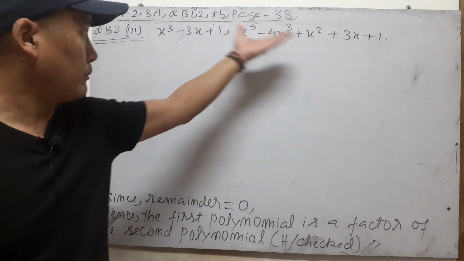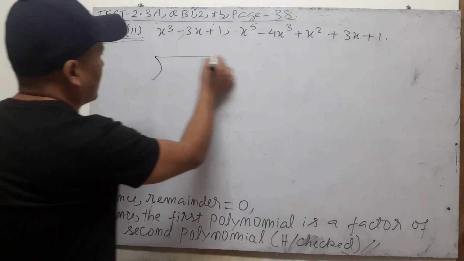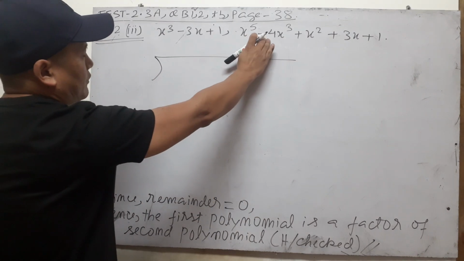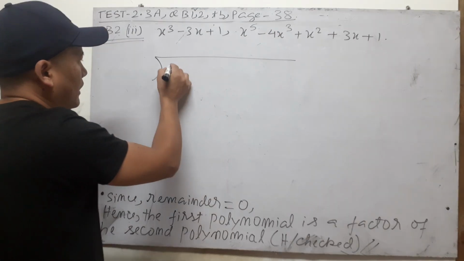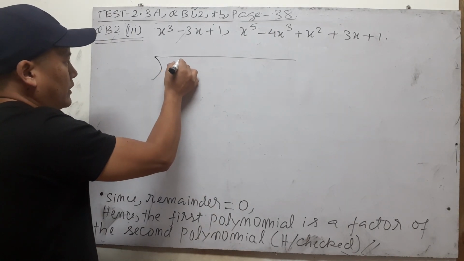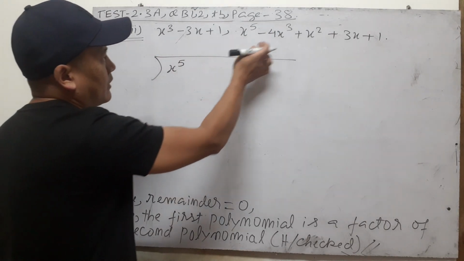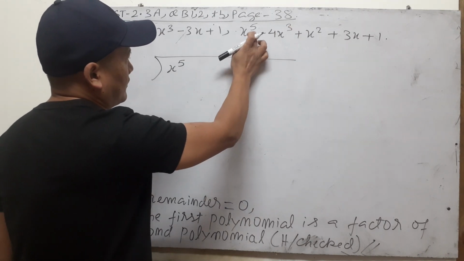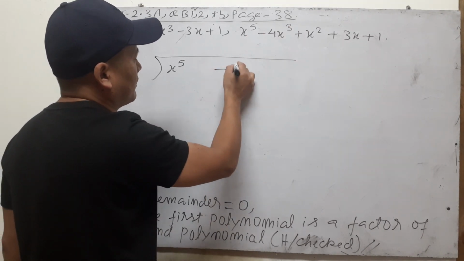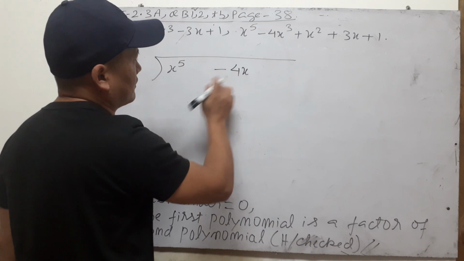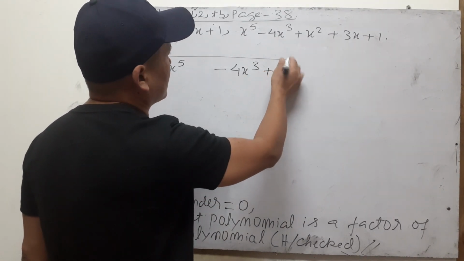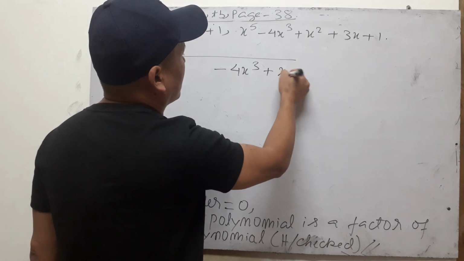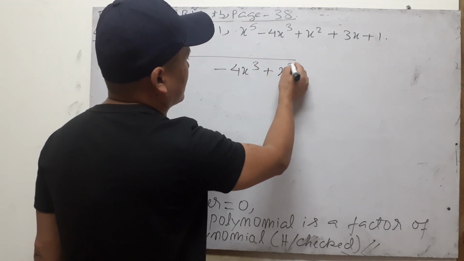So put the division sign and write the second one divided by the first one, this one inside. Start from the highest power, x to the power 5. Next highest is 3, so there is a gap, 4 is missing, so just keep a gap in case you need the space. Then plus x cubed, then next is 2.